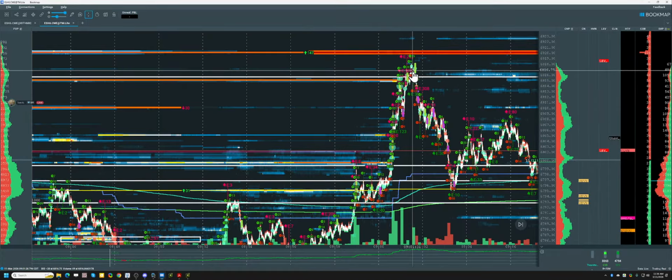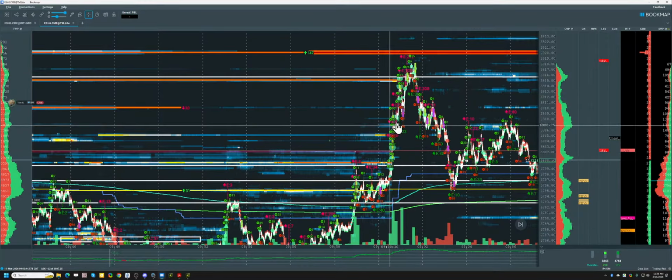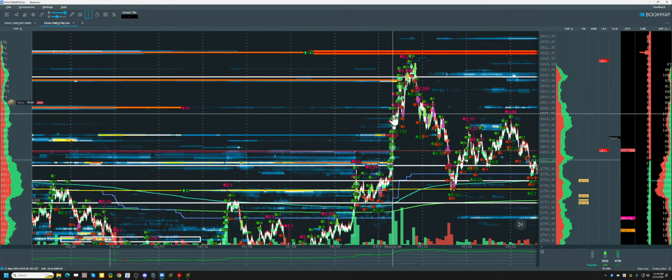When it comes out here, is that bad for me? No, it's actually improving the trade because the further outside I come, the more range I'm going to get.